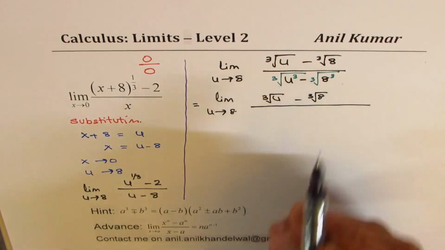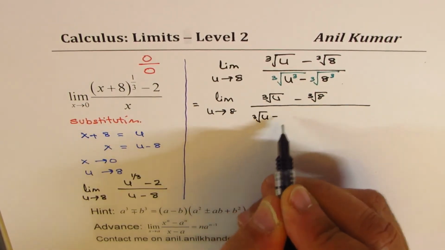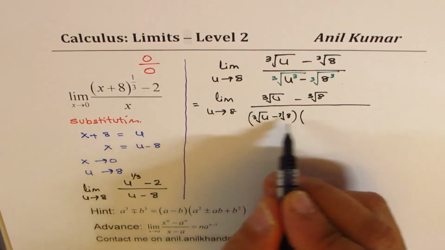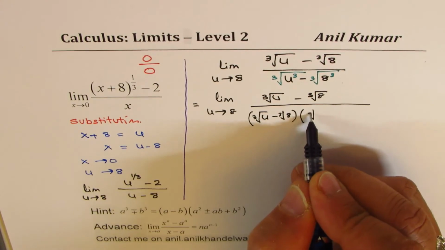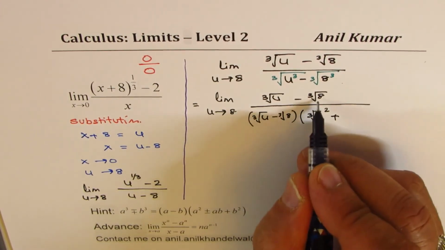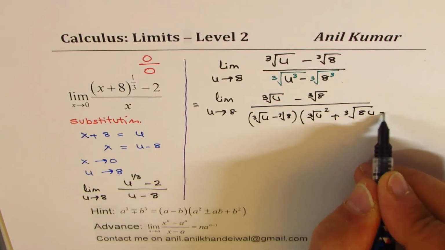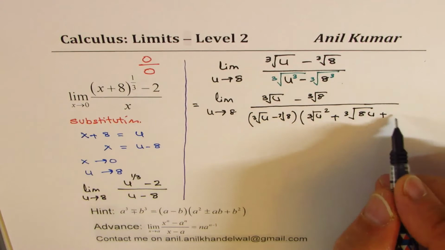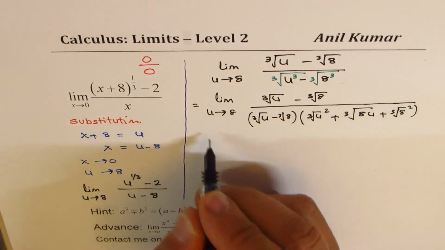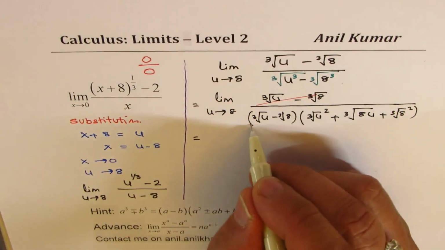So we have difference of cubes, which I could write this as cube root u minus cube root 8 as the first factor. The other one is square of these. So square of this plus product of these, that is cube root of 8u plus square of this one, right? Now you can see there is a common factor which could be cancelled.